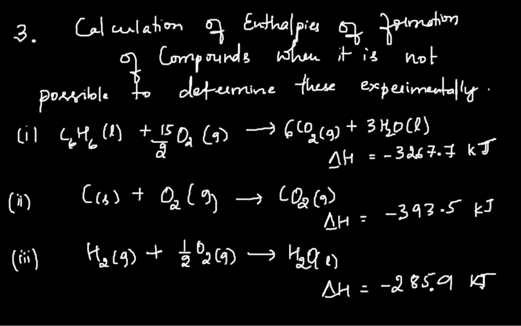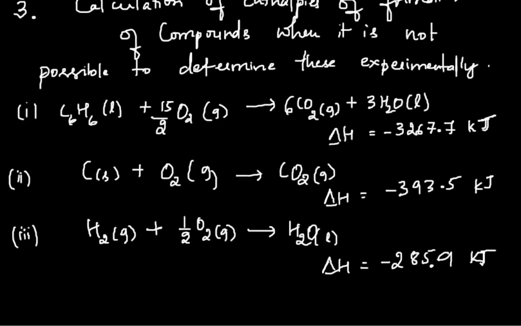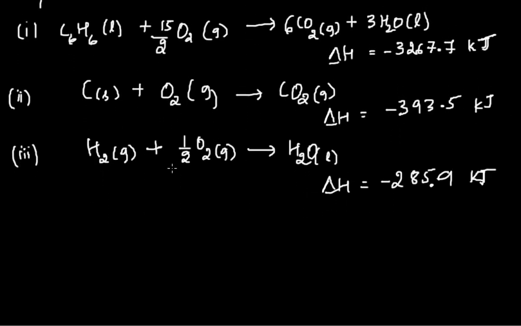Now, how do we go about calculating the enthalpy of formation of benzene? So this equation, we multiply by 6, and the other is multiplied by 3.